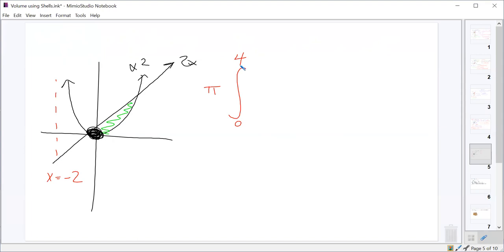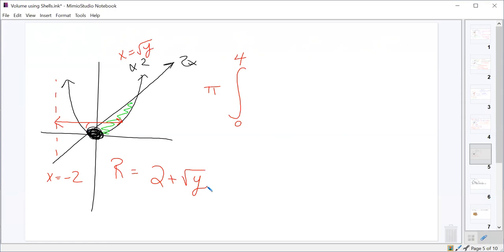Is the radii, or are the radii going to change? Yeah. What is our outer radius going to be? Should be the distance from here to the furthest away function. That should be 2 plus the x value from x squared, which was, what was the x value from x squared? Square root 1. So it should be 2 plus square root 1. Everybody good with that?